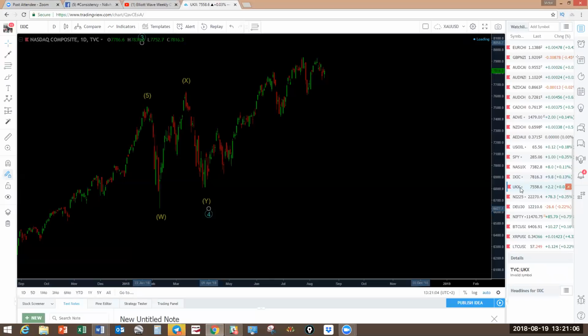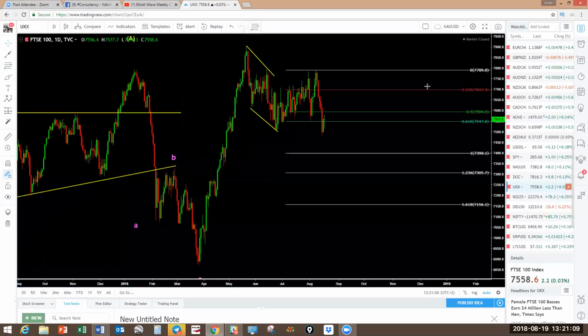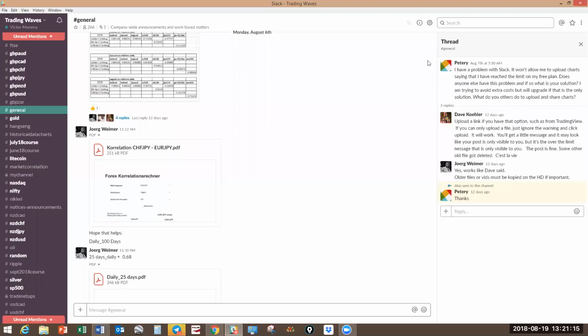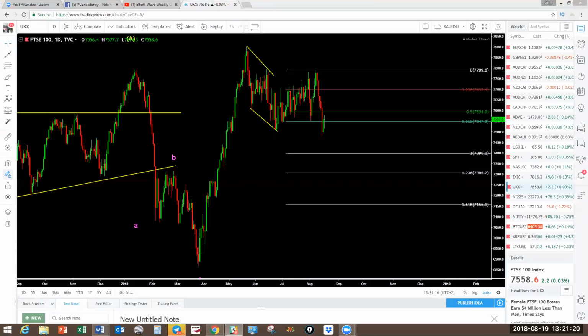Looking at the UK 100. So the UK 100, very interesting. One of our traders, I'm not going to mention the name, I just want to narrate this and show the advantage of being in a premium group.